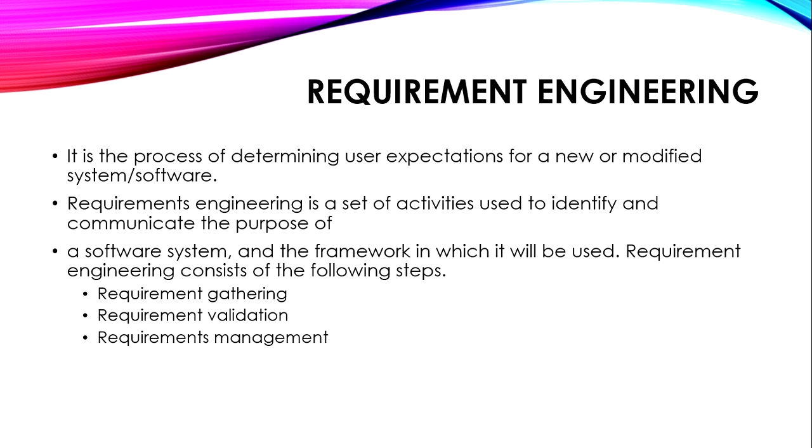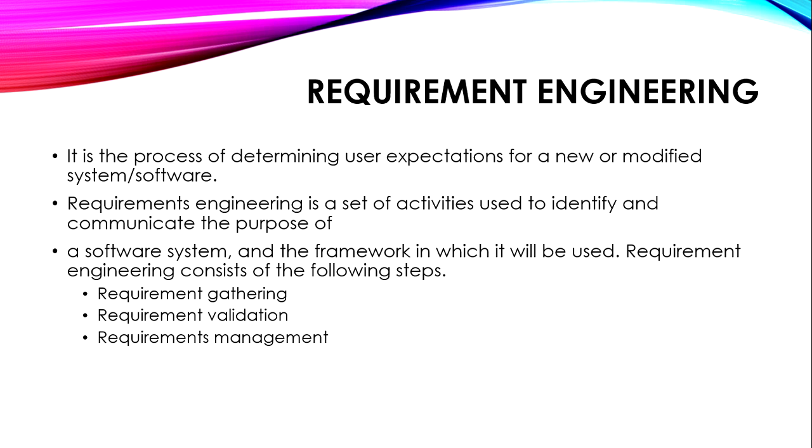Now we will first look at requirement gathering. Requirement gathering is the first step of any software or system development process. In this phase, meetings with the customer are arranged, and the requirements and features that are in demand are analyzed.